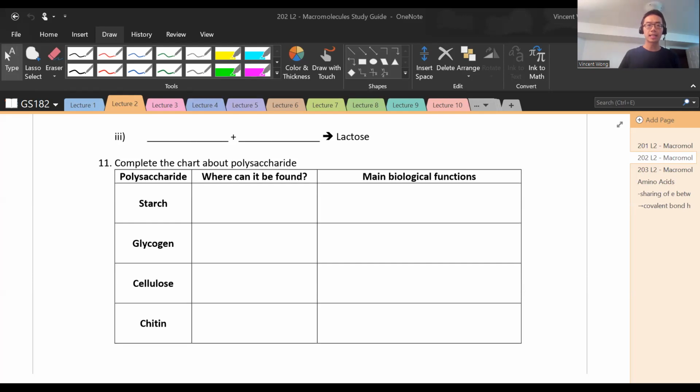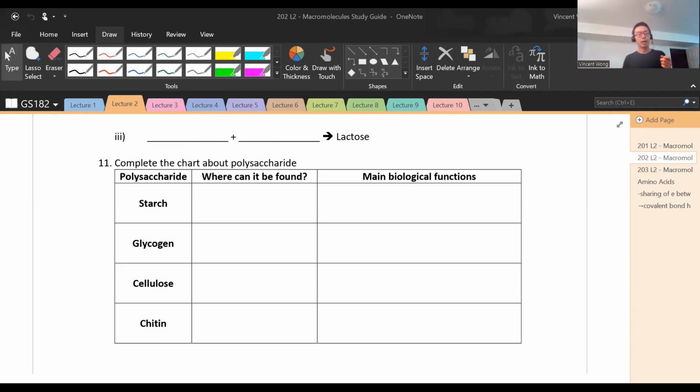All right, moving on. Now, this is a little bit more involved. Let me give you a quick review before we do this question. We learned about four types of polysaccharides. Polysaccharides are really, really long chains of carbohydrates, and you basically connect multiple glucose molecules together to form a long chain.